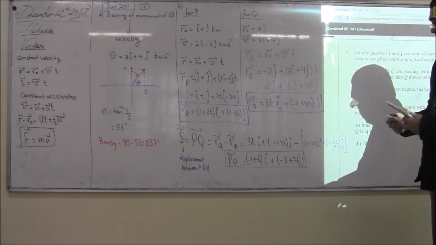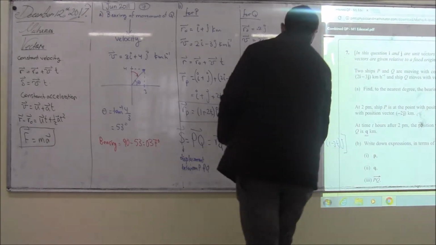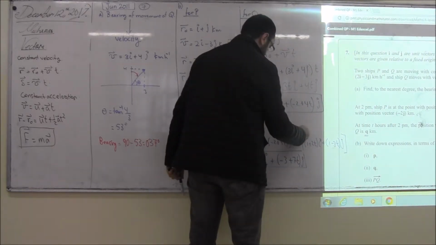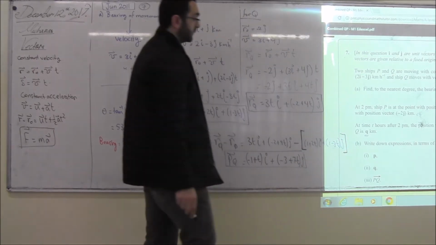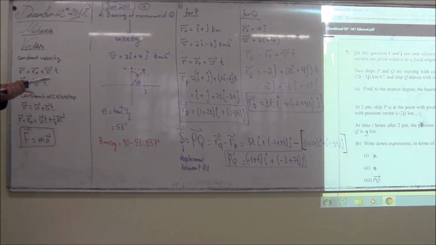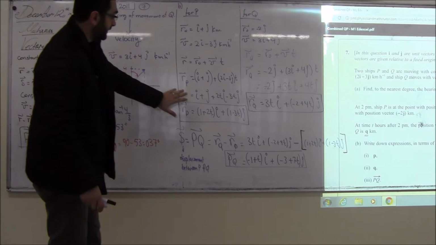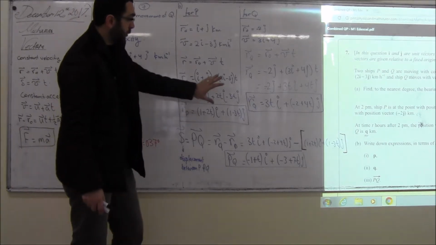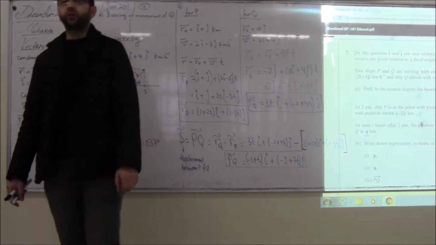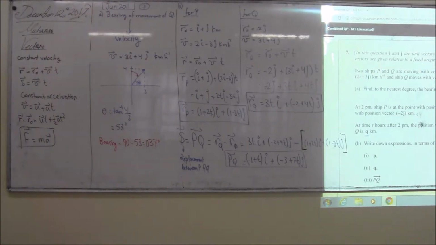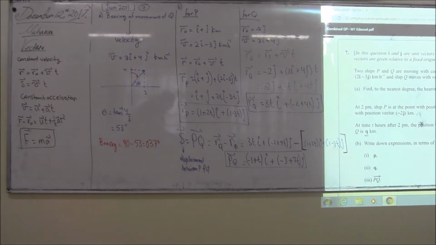Okay, this is part B. We didn't use the time, we are not given the time. In terms of t, we found the final position of P and the final position of Q, and we found PQ. Clear? Copy this.